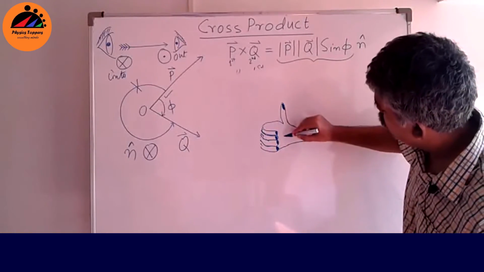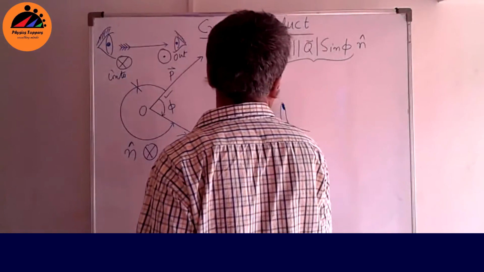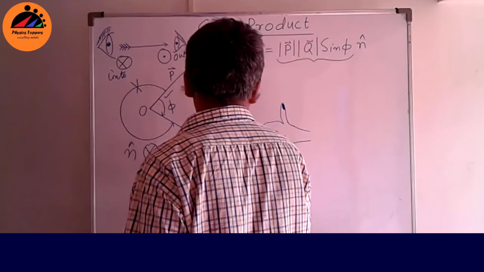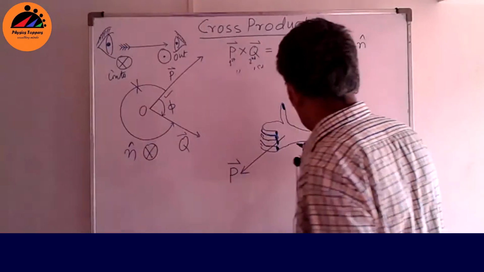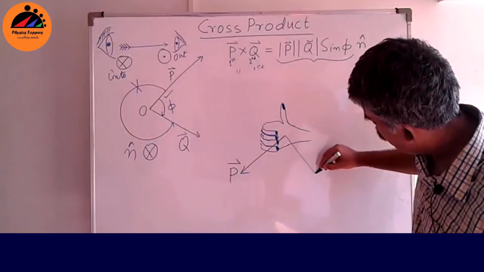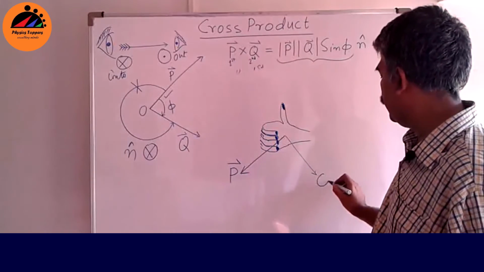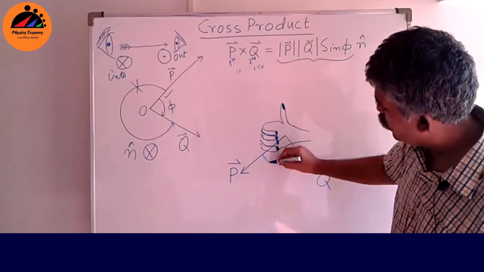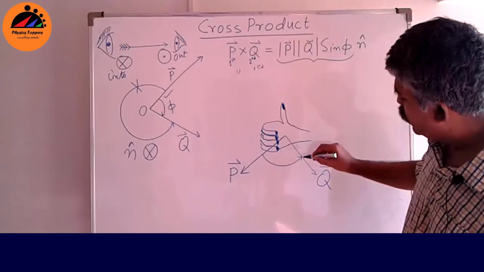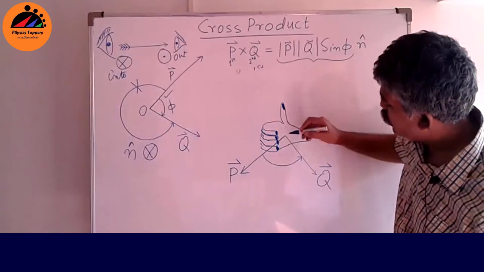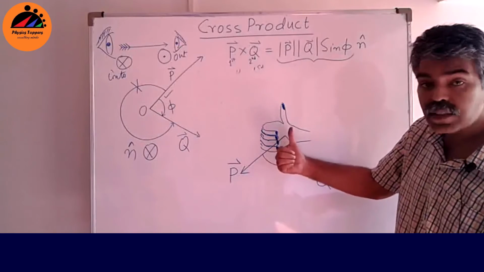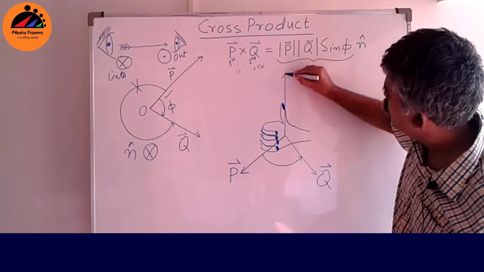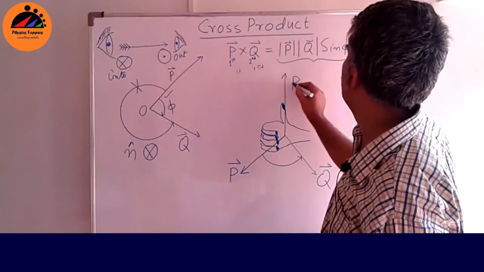Now if this vector is P and this vector is Q, both coming out of this plane of the board, you are rotating from P to Q, right? You are rotating it from P to Q. So you are rotating like this, and this thumb will give the resultant vector P cross Q.